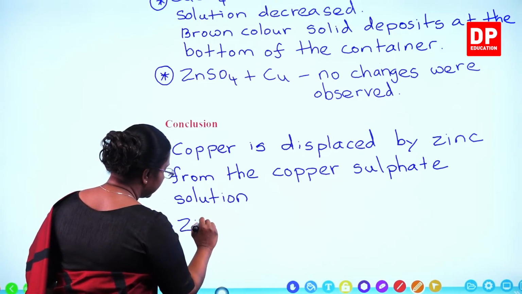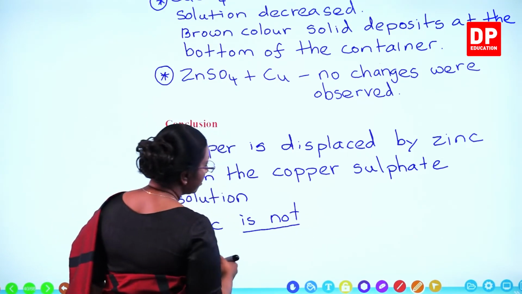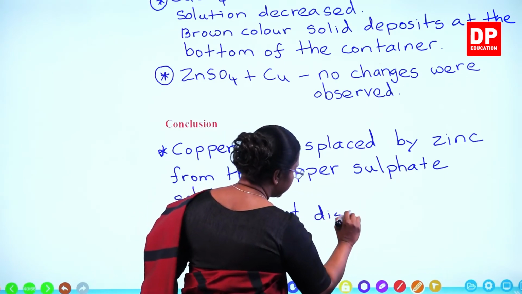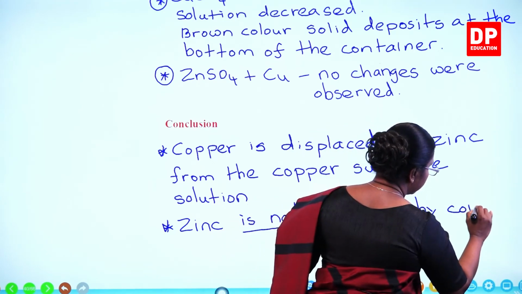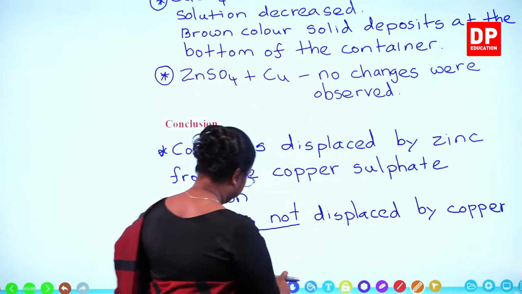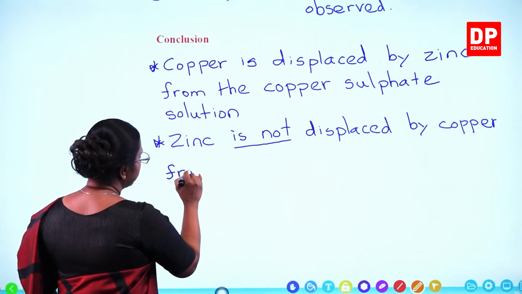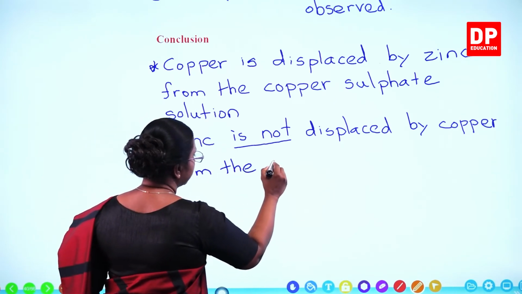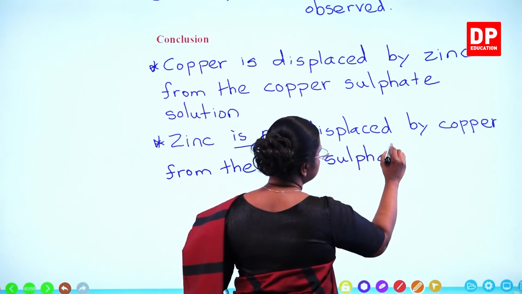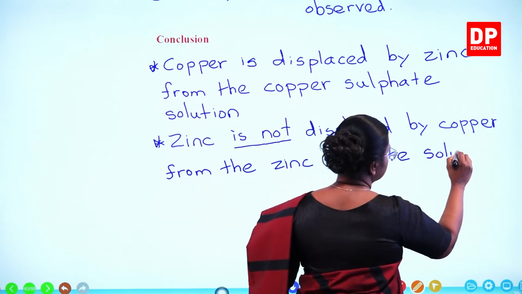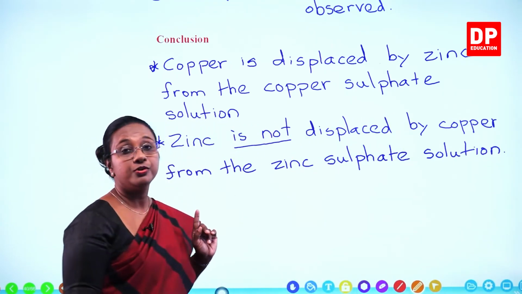Then we can say zinc is not displaced by copper from the zinc sulfate solution. You have to remember this.